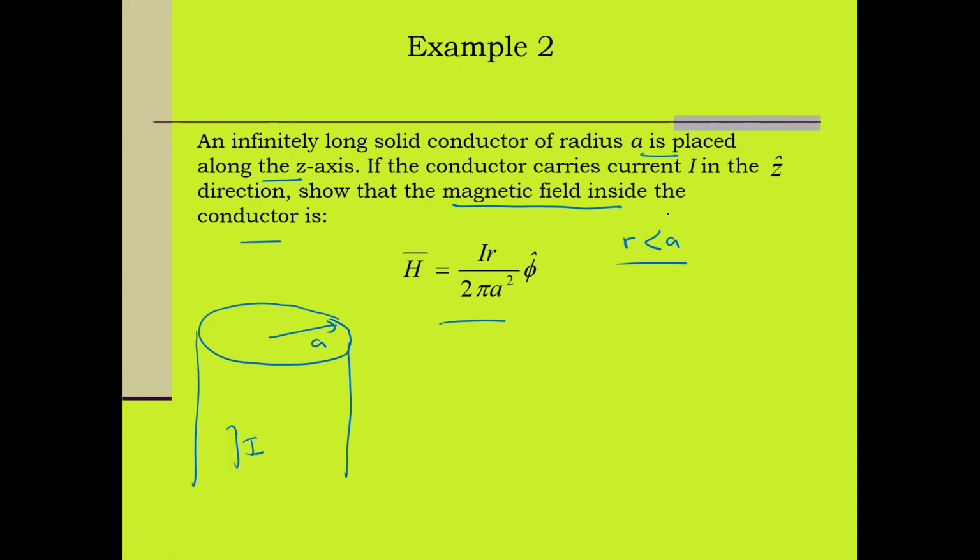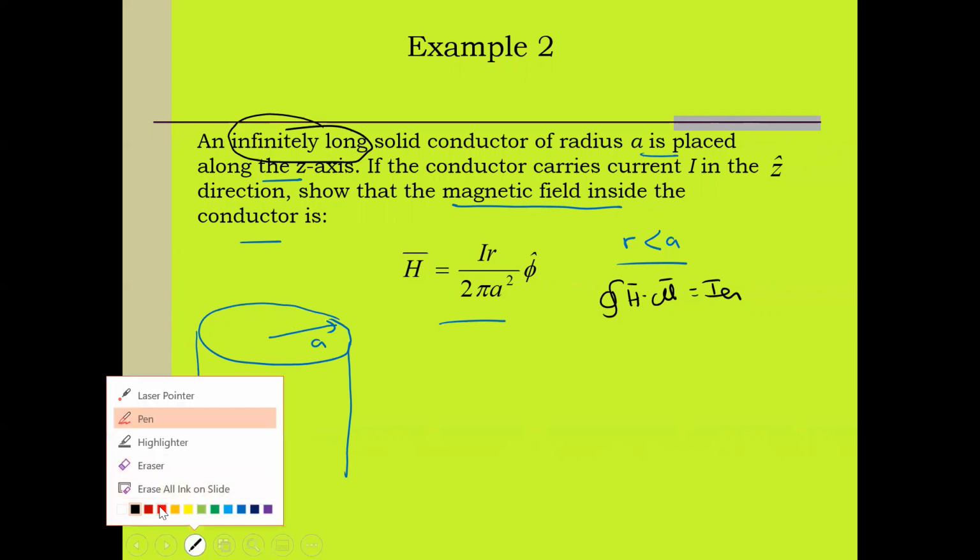Right. So for this, by applying the ACL, because we are given a structure of infinitely long, we can simply use the ACL to find the H field, where we can have H dot dl equals to the I enclosed to find the H field intensity. And what we have to do for the ACL, first of all, you need to sketch the Ampere loop as usual.